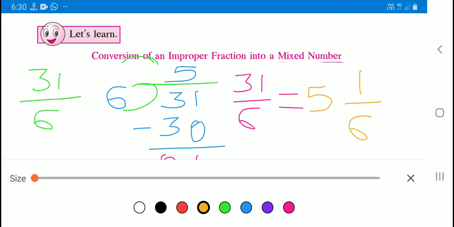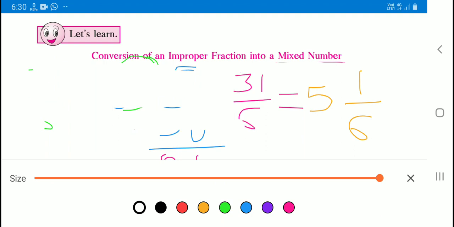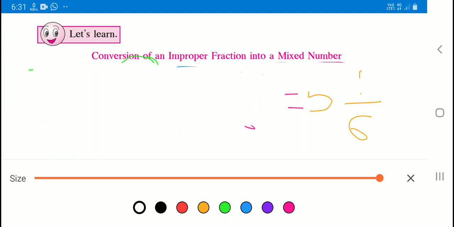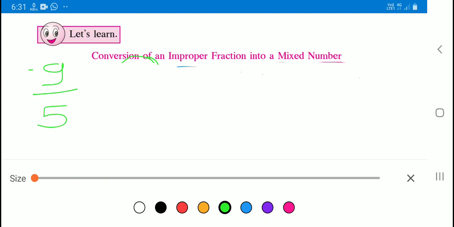Now again we will see one more example. Maybe now you understood how to write the improper fraction into mixed number. But again I will tell you one more example. We will take the example as 9 upon 5.